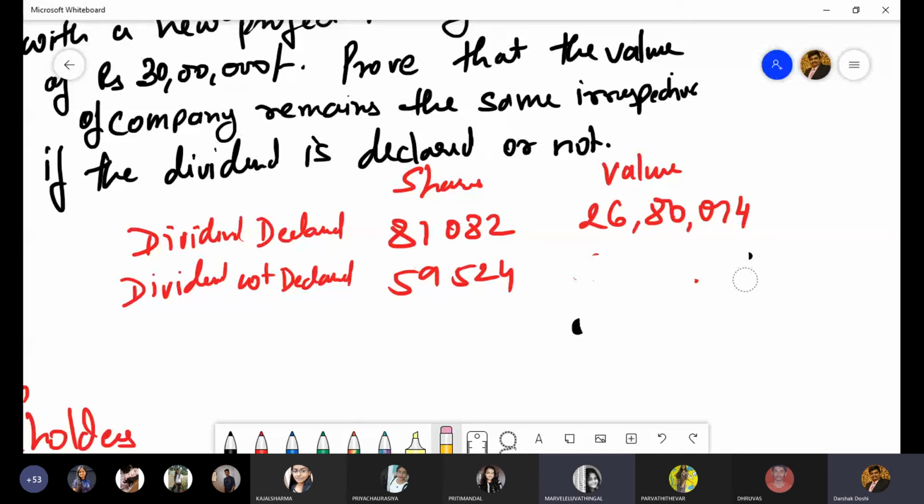So it is 26 lakh 80,000 and 3.2. Yes, 3.2 is there.